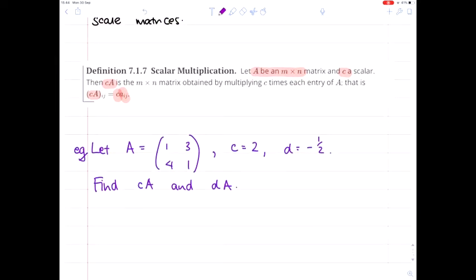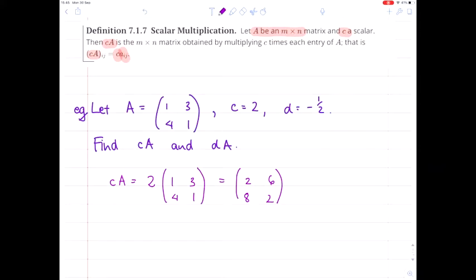So we've got our 2 by 2 matrix here, which is 1, 3, 4, 1. And if we want to take C, which is 2, times A, we multiply each element of A by 2. So we get 2, 6, 8, and 2.